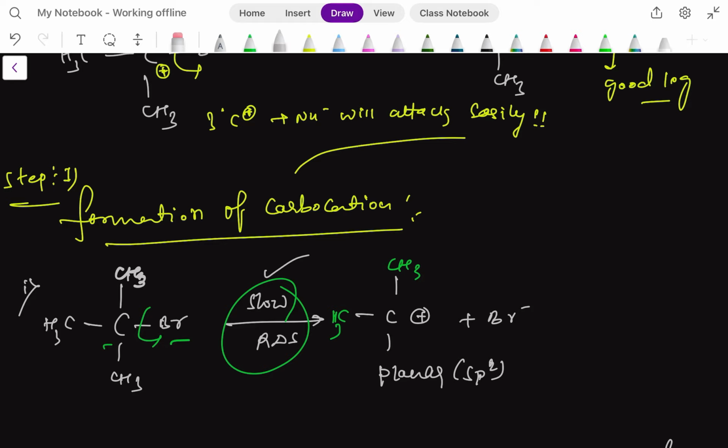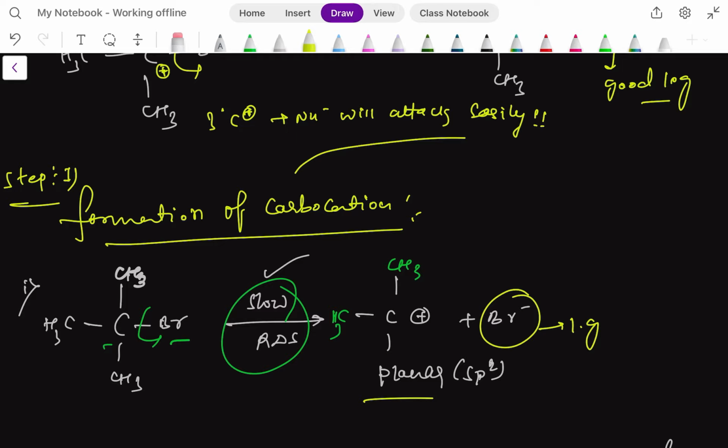So directly or indirectly, we got again tertiary carbocation, which is trigonal planar in shape along with sp2 hybridization. You got again bromine as a what? Leaving group. Right? This is the first step. What is the first step? Stability of carbocation, which is acting as an intermediate also. Keep in mind there is only one intermediate in this SN1.